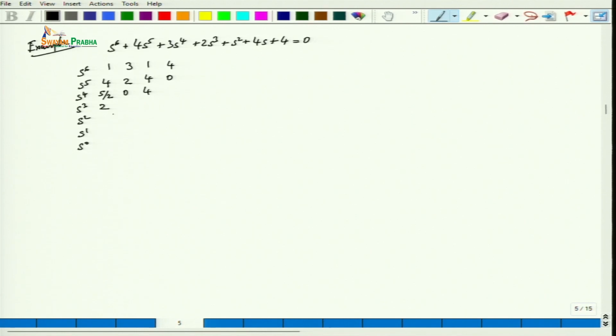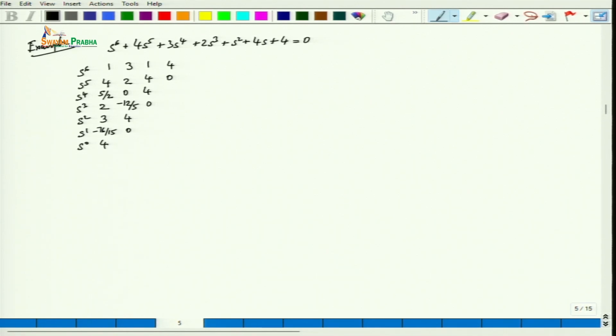If we perform the calculation, this comes out to be minus 12 by 5, and so on, 0. Now in this manner, if we go on calculating, we will get here 3, here 4. This is minus 76 by 15, 0 and 4.